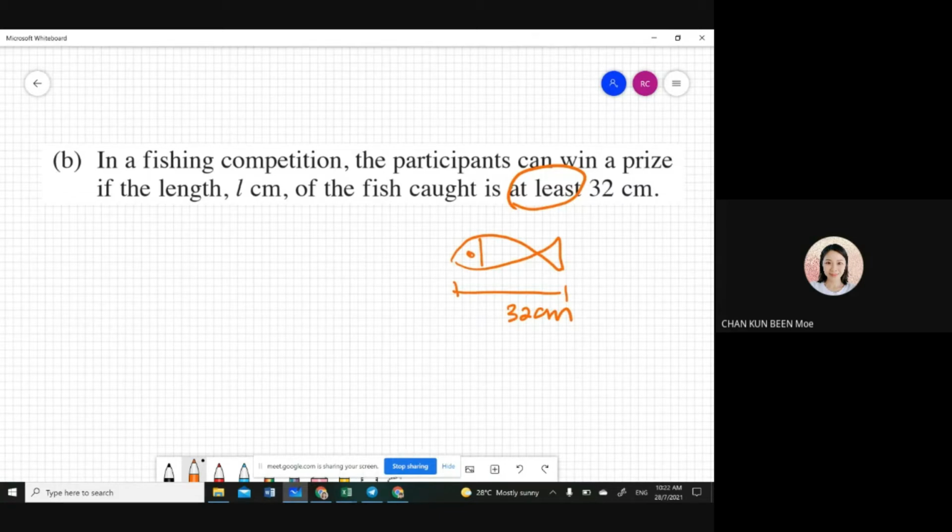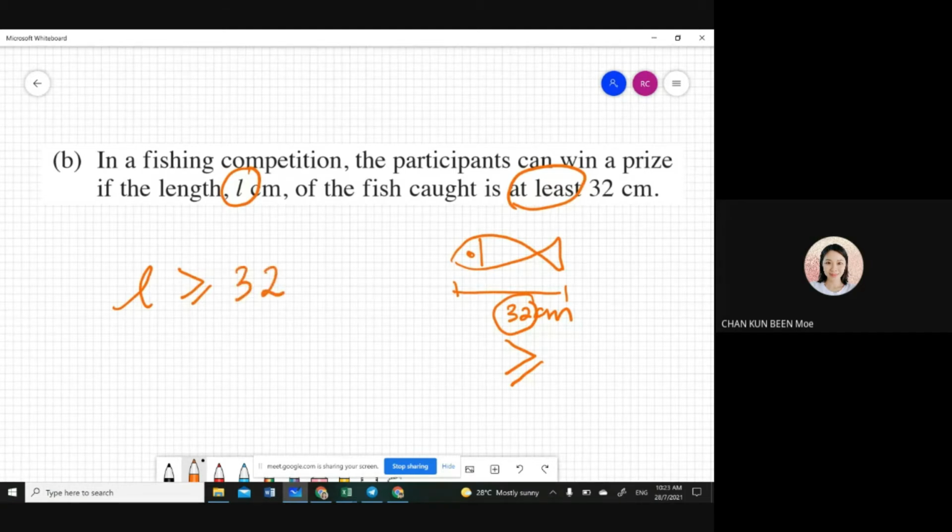Can it be greater than? Greater than or equal to. Very good. It can be the same as 32, and it also can be greater than 32. The unknown is already given, so you just need to write L is greater than or equal to 32.